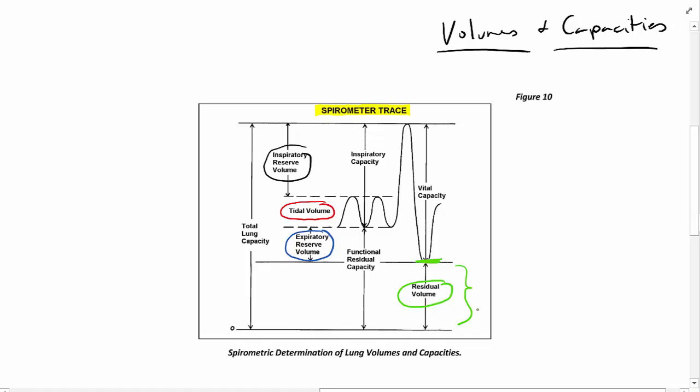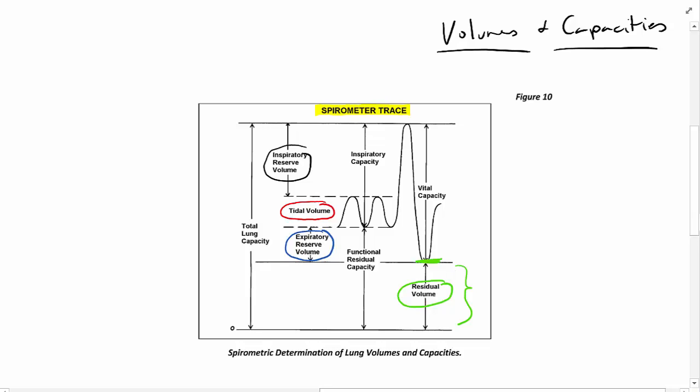We want this because if the lungs were to fully collapse, it'd be very, very hard due to surface forces to get them to reinflate. This is one of the graphs that you'll see later on that refers to hysteresis, and hysteresis plays a much larger role when the lungs are fully collapsed. So the lungs actually don't fully collapse, and the amount of volume that's left in the lungs is called residual volume right there.